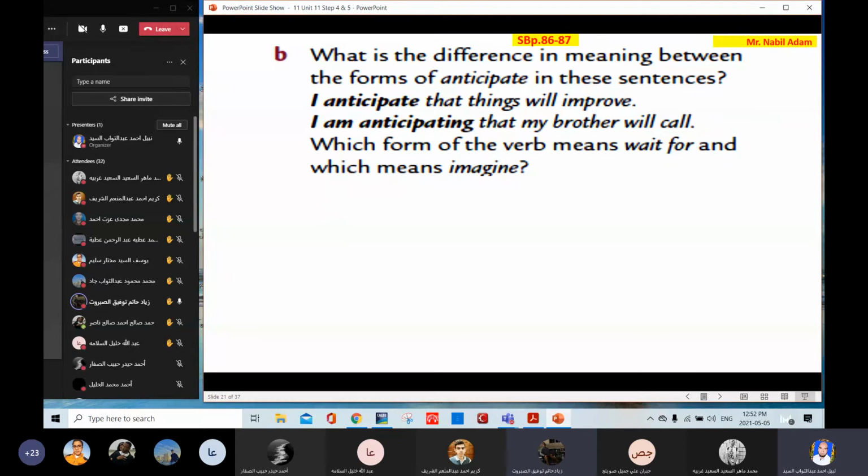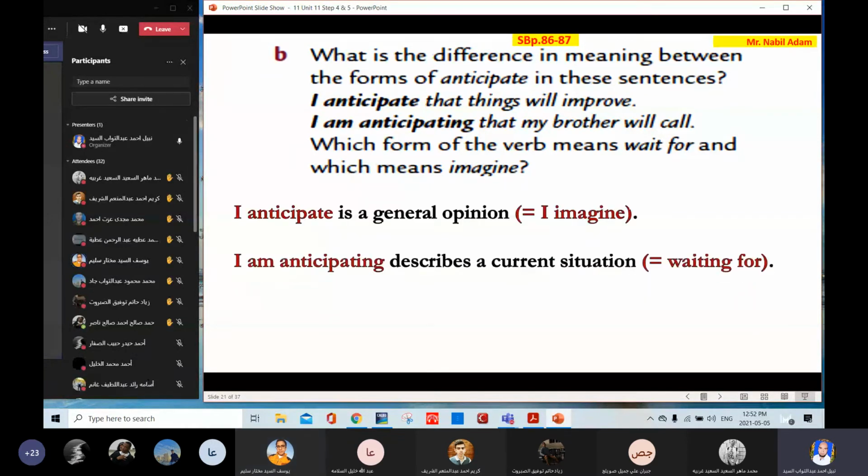Yes, very good. And Yusuf Sayed, second one, I am anticipating. I am waiting for. Yes, good. So the first one, I anticipate, is a general opinion. It means I imagine. I am anticipating describes a current situation.